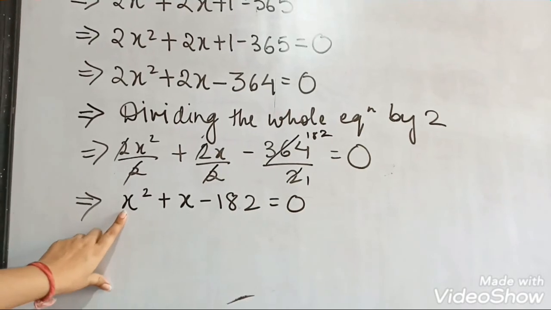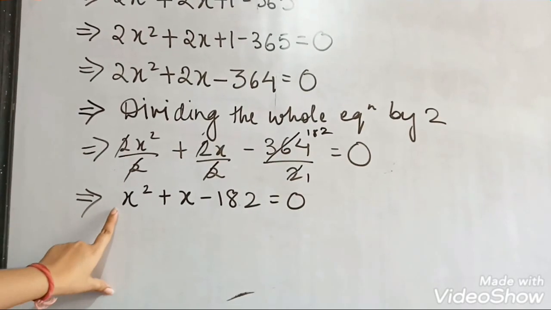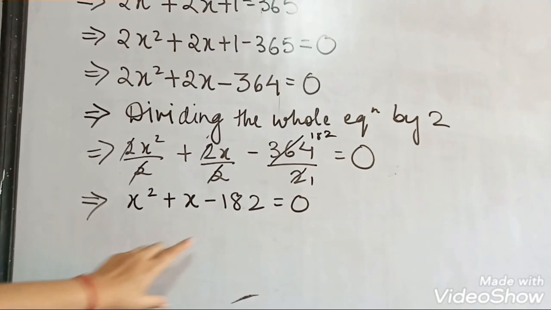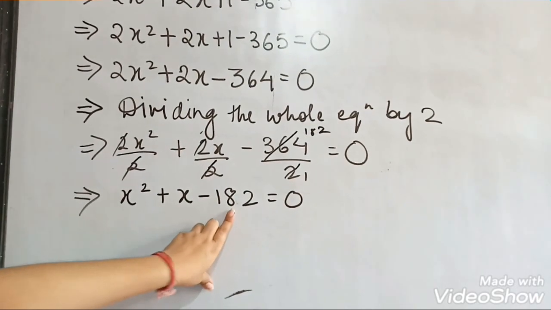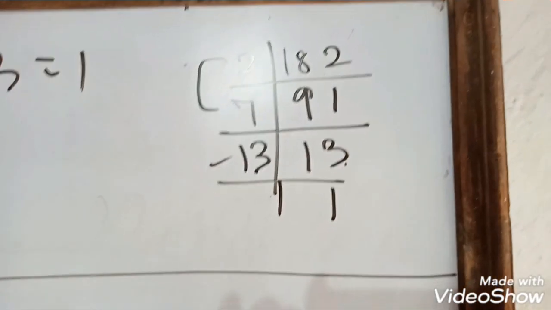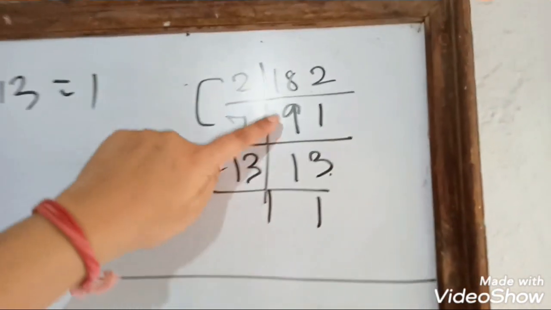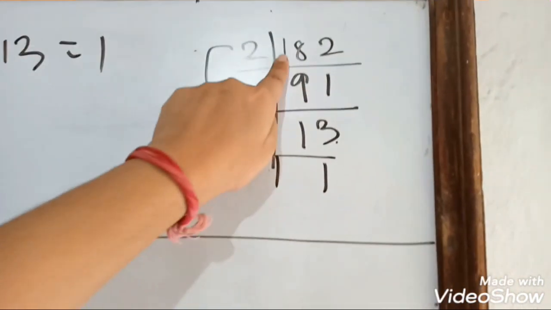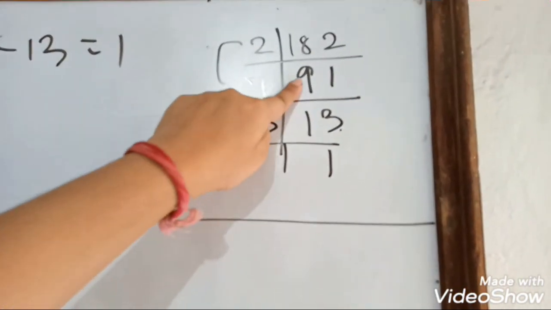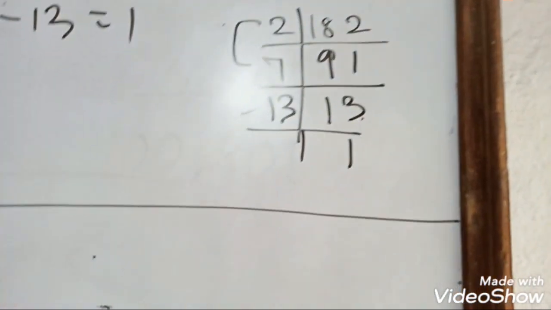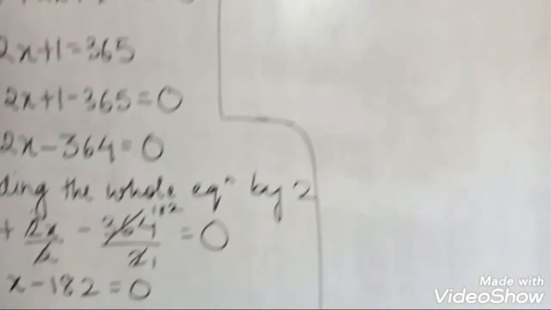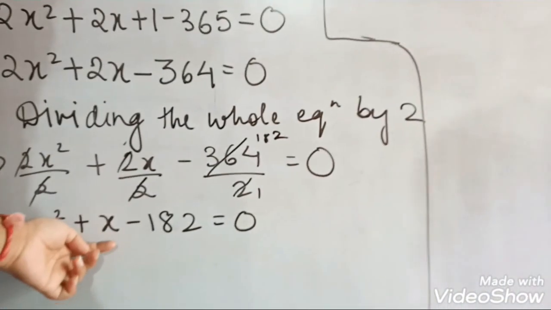Now the coefficient of x square is 1. So we are going to take out the factors of 182. Now the factors of 182 go like this: 2 9s are 18, 2 ones are 2, so 182. 7 13s is 91. 13 ones is 13. Now over here in the quadratic equation, you can see children, we have only x.